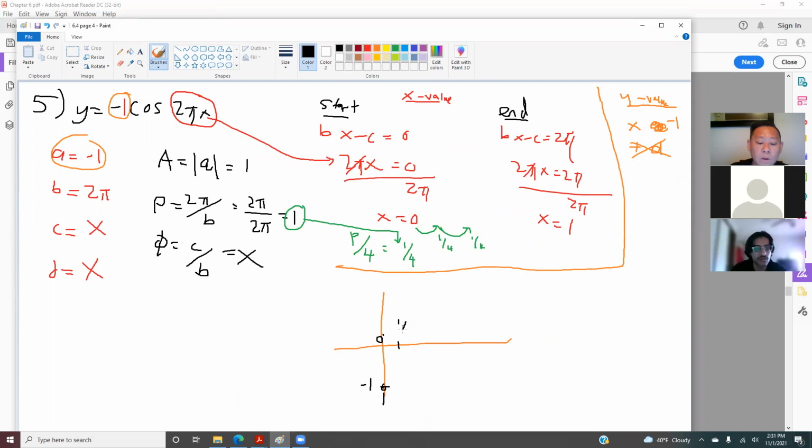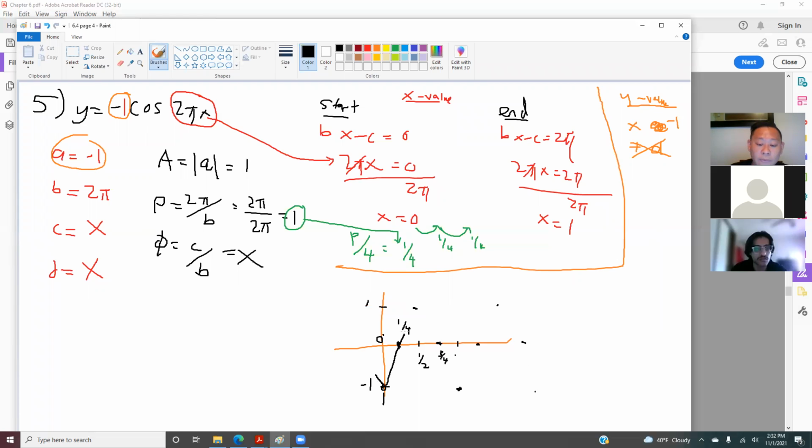And then you got 1/4, 0, which is this fellow. And then you got 1/2, 1. And then you got 3/4, 0. And then 1 will be at -1. And then you repeat 0, 1, 0, -1.